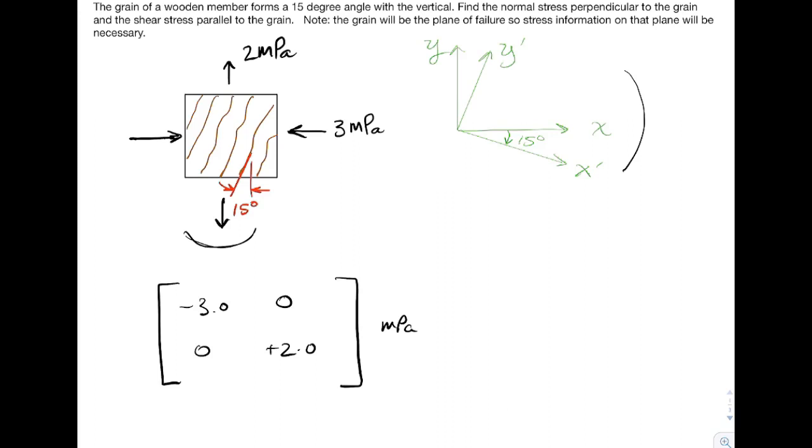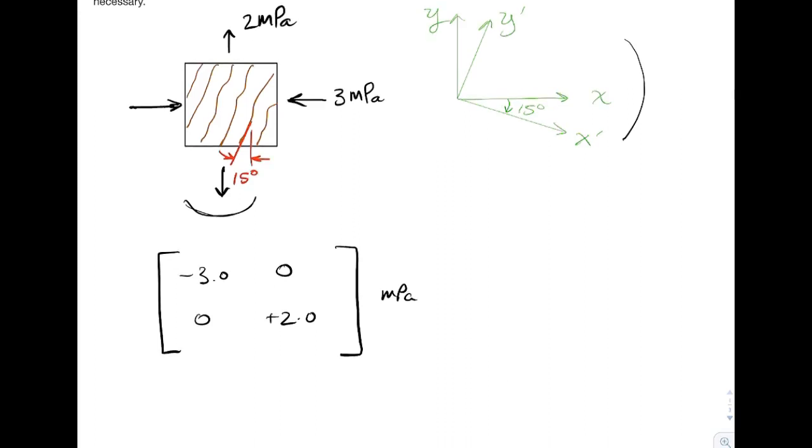So if we were going to use the equations, we could use the Q matrix as seen on your equation sheet. We'll show that in just a second. If we were going to use the other equations, sigma xx is equal to minus 3 because it's in compression. Sigma yy is equal to plus 2. Tau xy, or sigma xy, would equal 0.